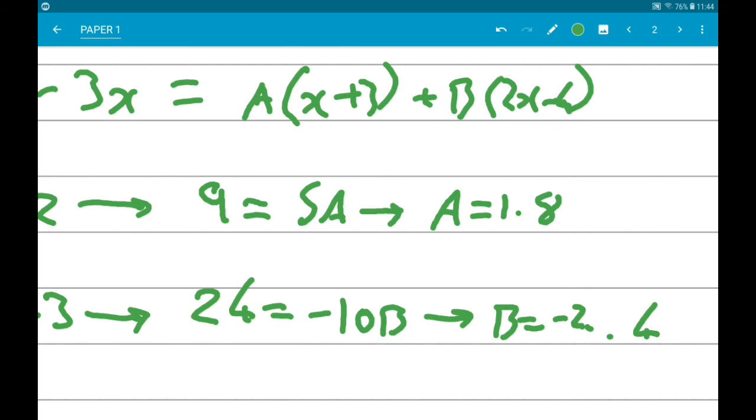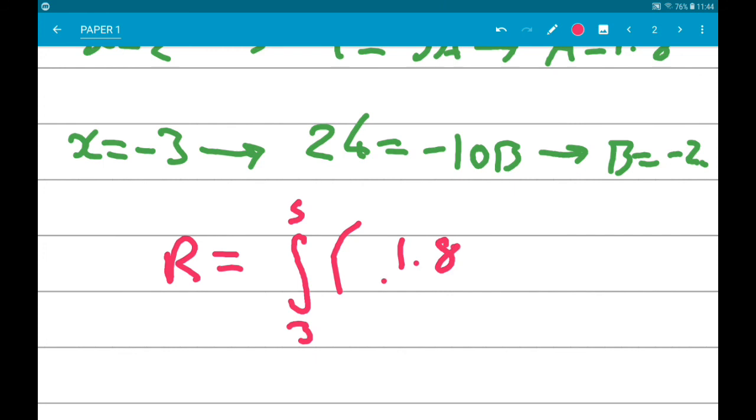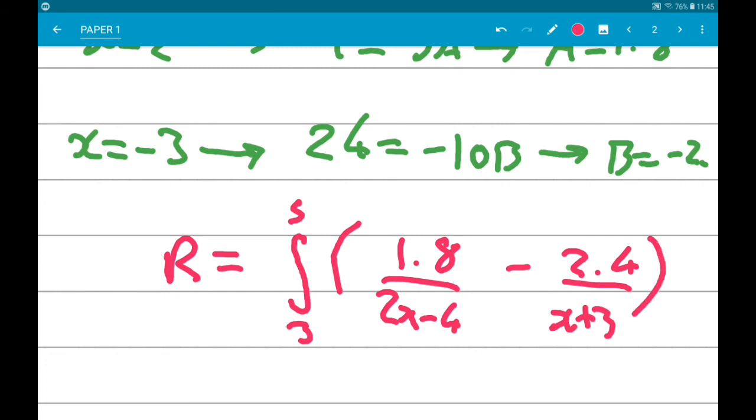Okay, so now we know that R is the integral between 3 and 5 of 1.8 over 2x minus 4 minus 2.4 over x add 3 dx.